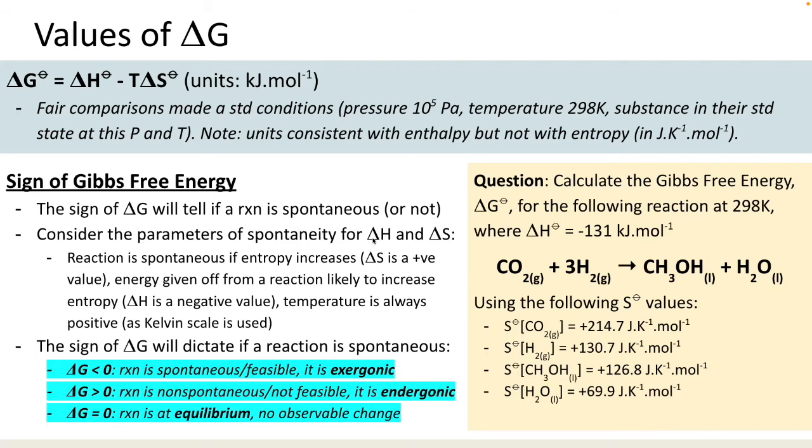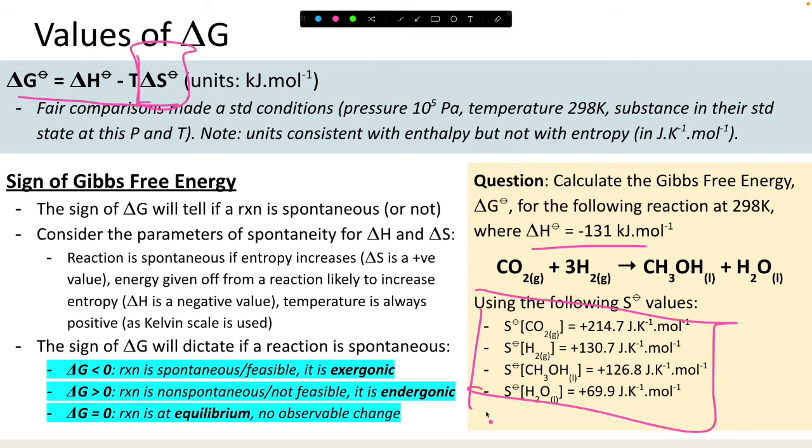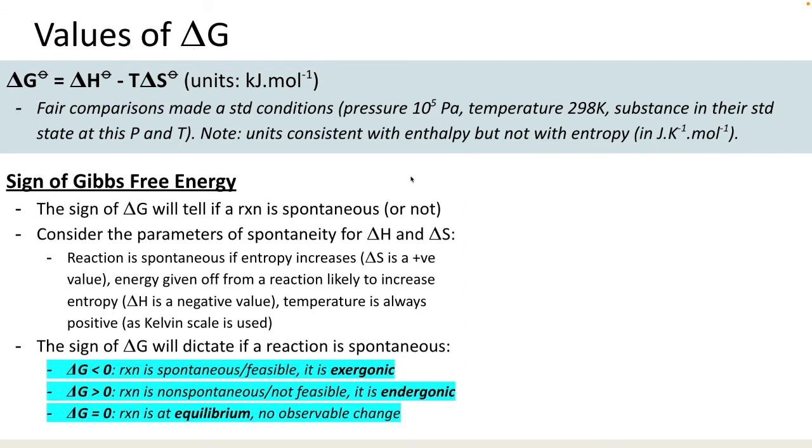Let's give it a red hot try, eh? Here's a question. We've got a new equation that we can have a play with now. Delta G equals delta H minus T delta S. I've given you a delta H. I've given you a bunch of entropy values. So you've got to calculate the entropy change, which we've looked at before.